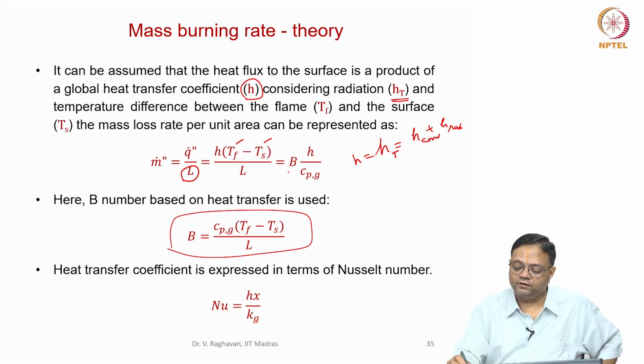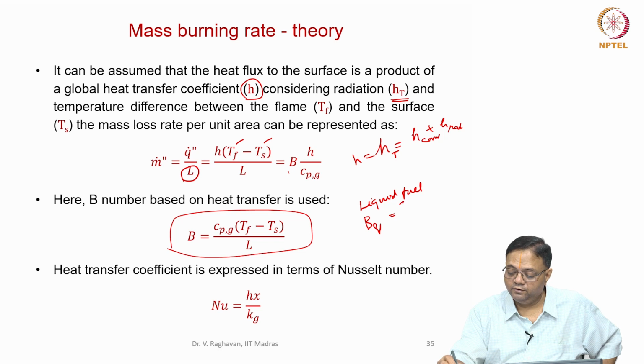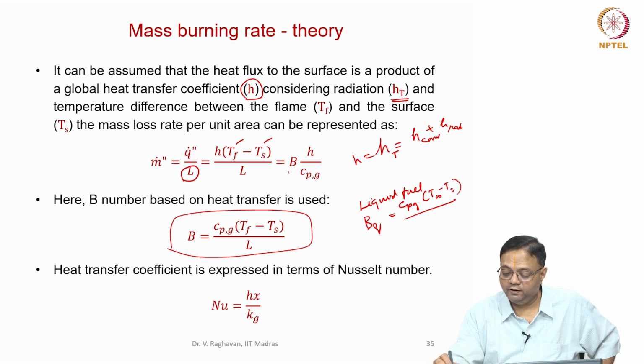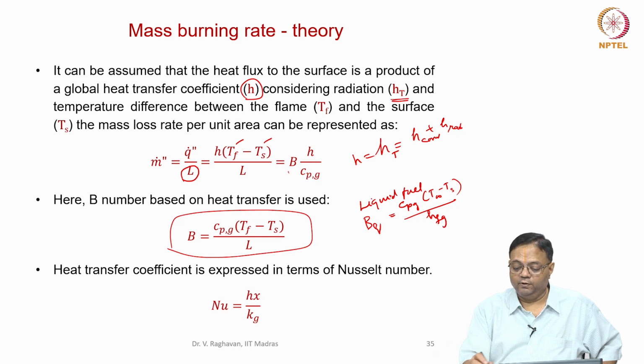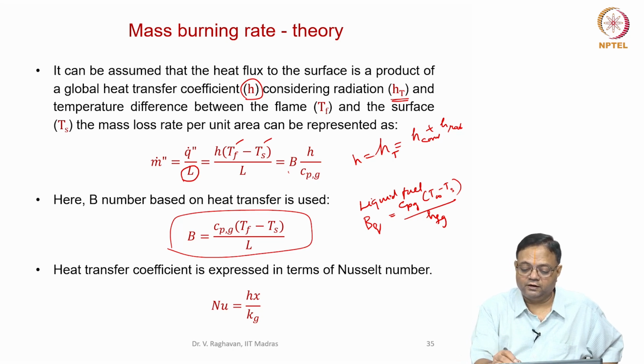We have already seen for the liquid case, B we saw as Cpg into T infinity minus Ts divided by H of g. Similar to that, I get B equal to Cpg into Tf minus Ts divided by L. Okay. So now if you substitute that, I get the mass burning rate.